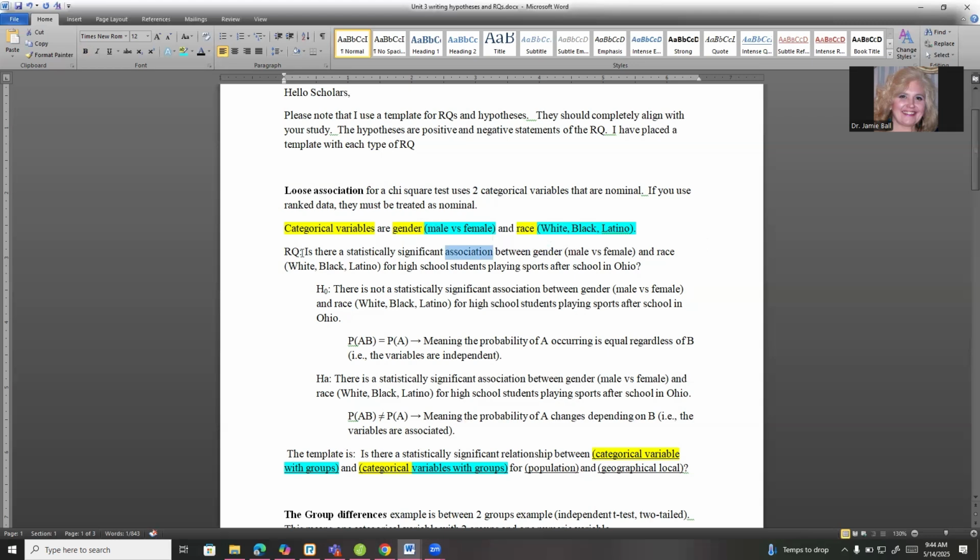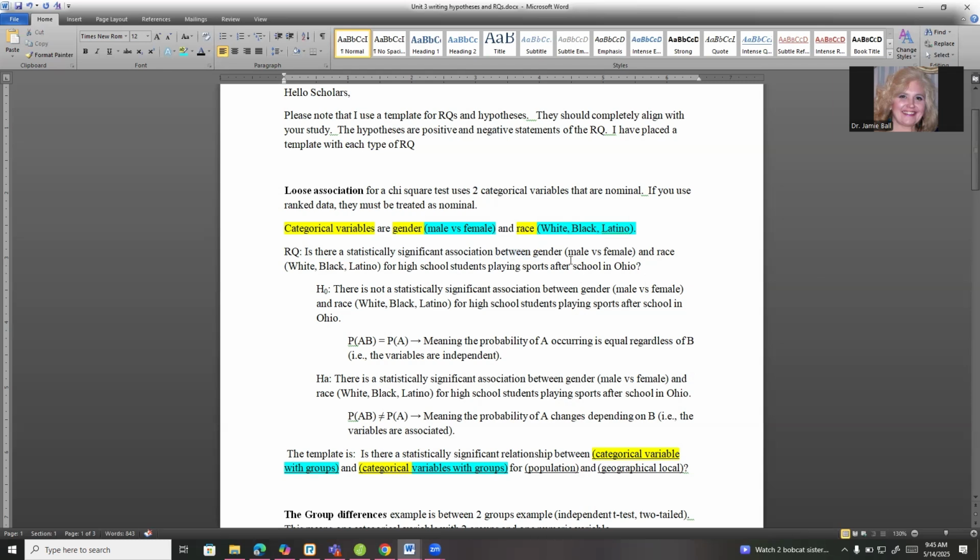So I always start my research questions off with something that indicates the family of tests that I'm going to be using or what I'm testing for. So is there a statistically significant association between, because a chi-square is testing between categorical variables. So this word here is really important.